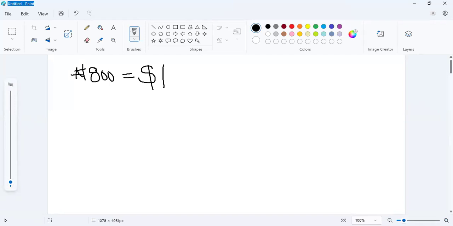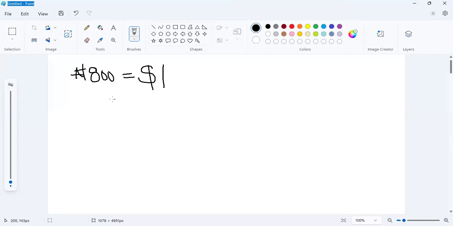That means I require 800 naira, quantity of naira, for me to get $1. So exchange rate is the quantity of one country currency that is required to buy 1 unit of another country currency.